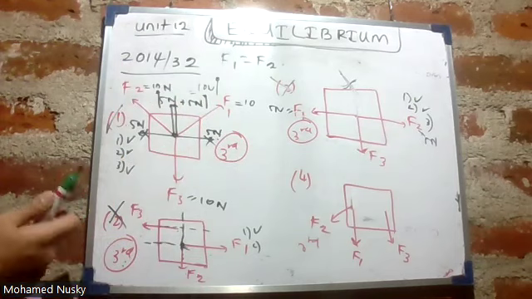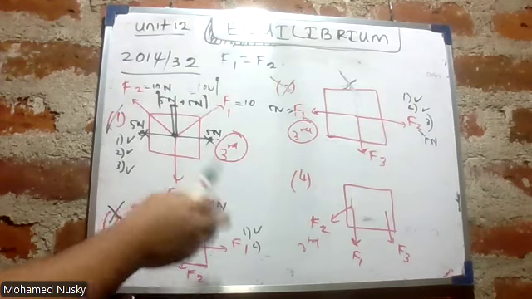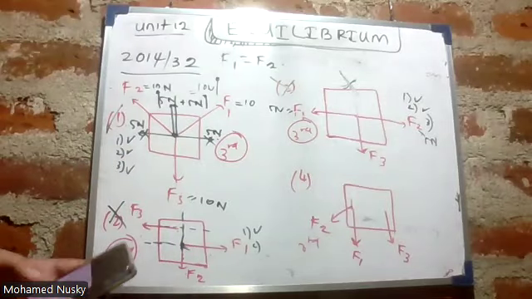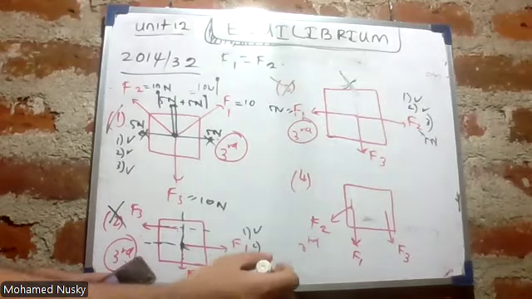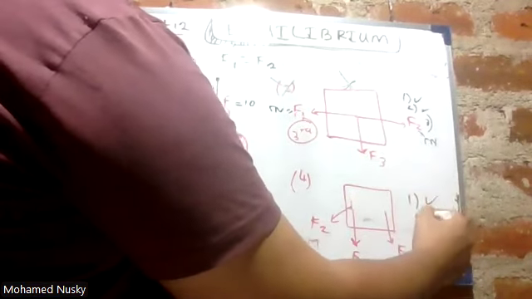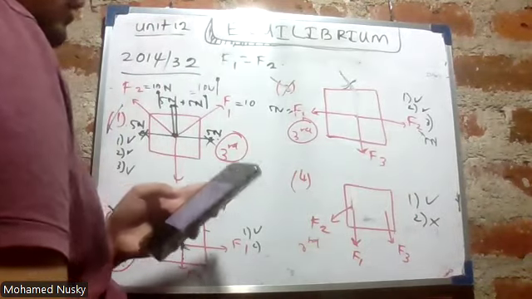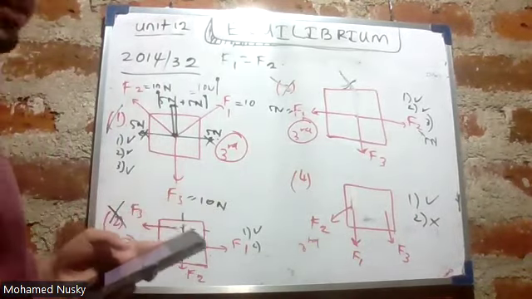Here, I said, the points are not meeting at the same point. Here also, you can see the first condition is satisfied, but the second condition is not satisfied. They are not meeting at the same point.